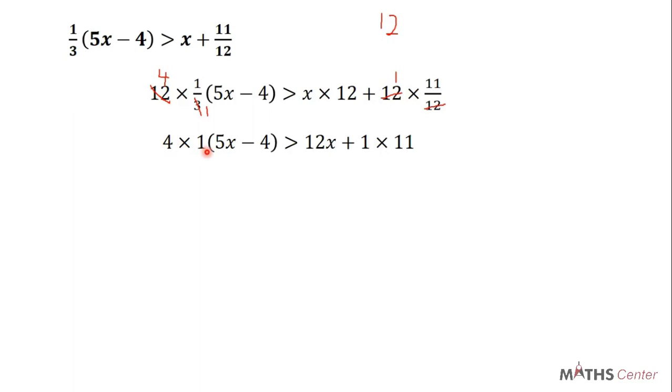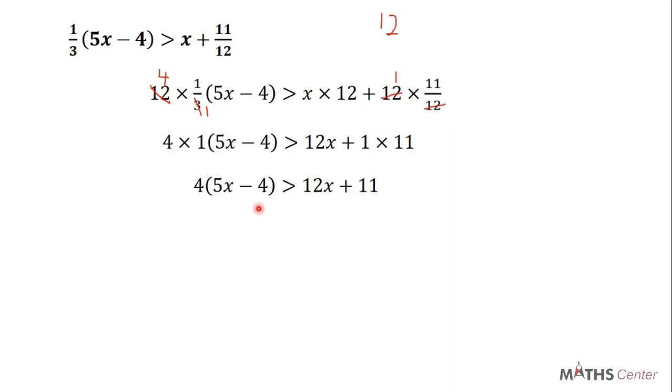So 4 times 1, then into bracket 5x minus 4, then greater than x times 12, which is 12x, plus 12 has cancelled 12, so we have 1 here. So 1 times 11. Now, 4 times 1 will give us 4. So 4 into bracket 5x minus 4 is greater than 12x, which we already have. 1 times 11 will give us 11.